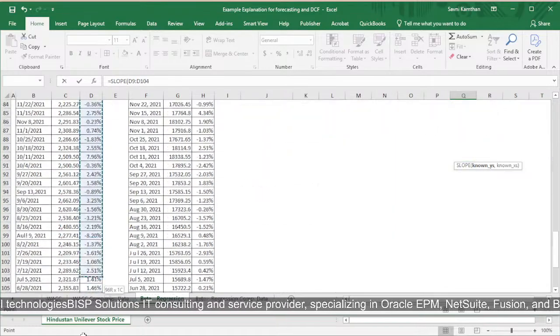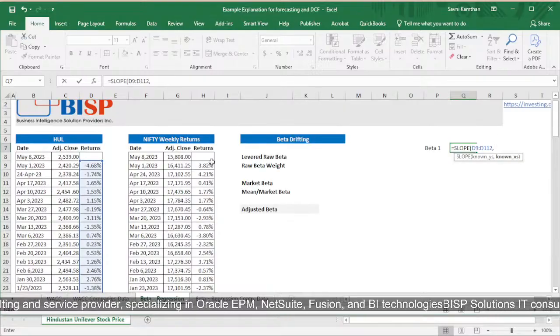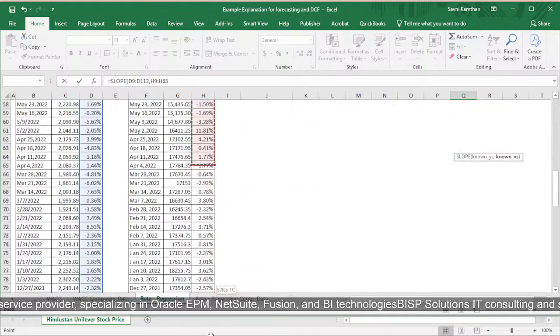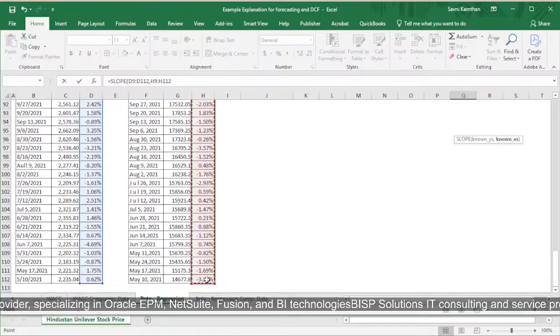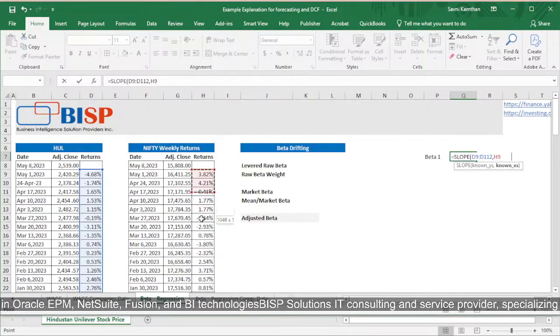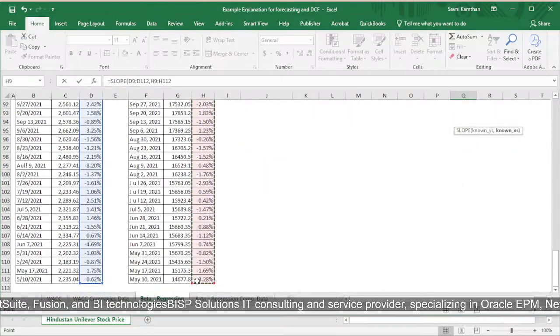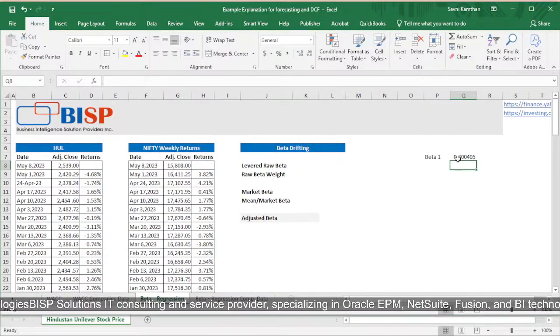We have selected, then we will be taking our Nifty's weekly return. So it is taking only one. Again we have to select the table over here, and closing the bracket, and now it is showing us beta, which is 0.030.